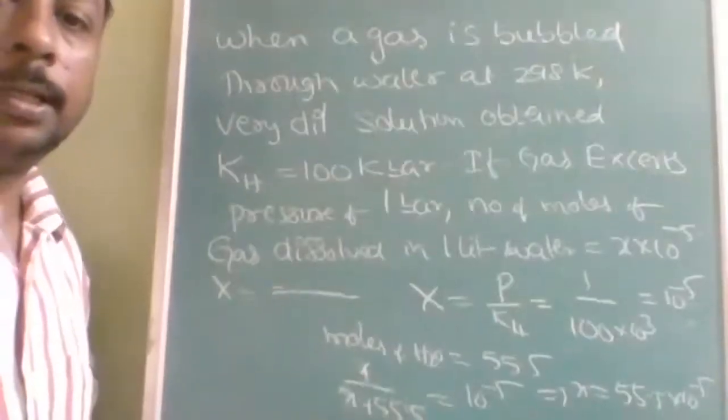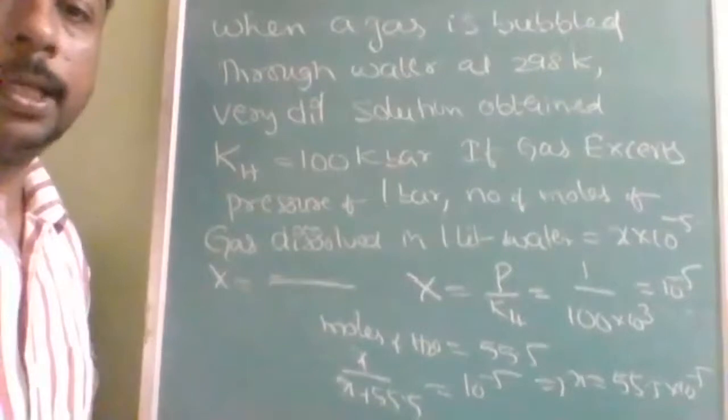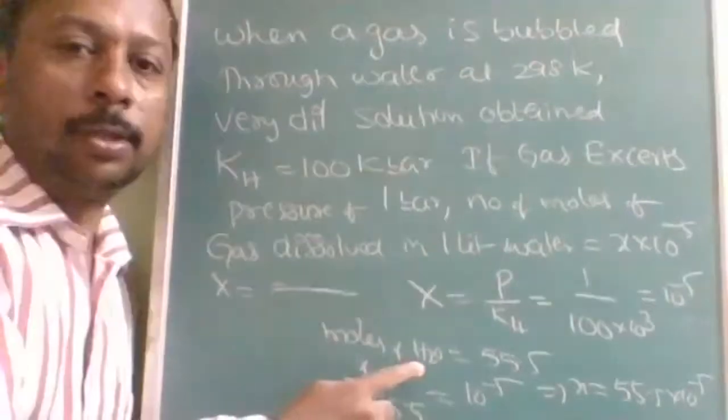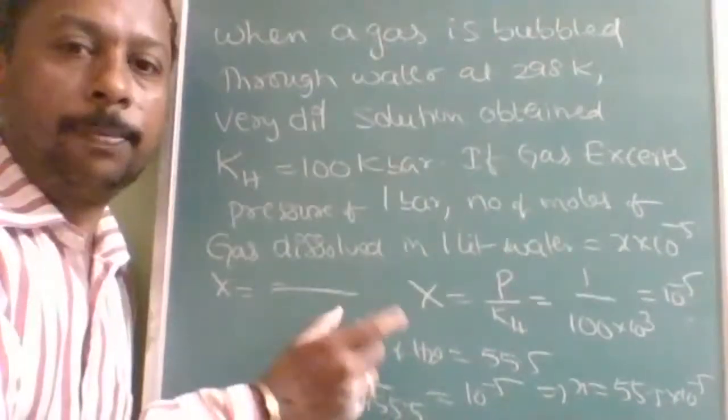Okay, the answer is like this. Mole fraction is equal to P into Kh. So from that we can find the mole fraction. Okay. Mole fraction is how much? 10 to the power of minus 5. Then moles of H2O per liter, see 1 liter, so 55.5 moles.